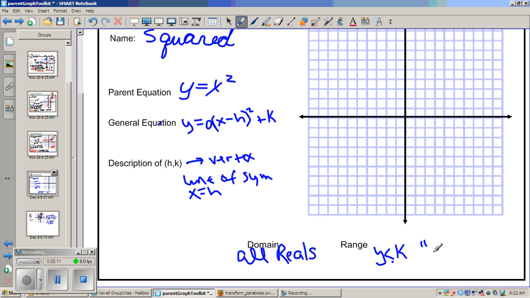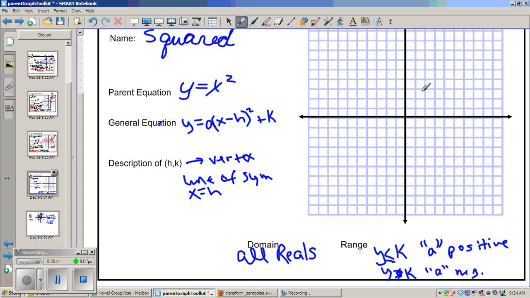So if it opens up and a is a positive number, then k is always going to be less than the value of y. Y is going to be greater than or equal to k. If the value of a is negative, then y is less than or equal to k.